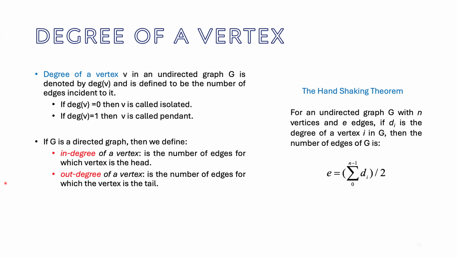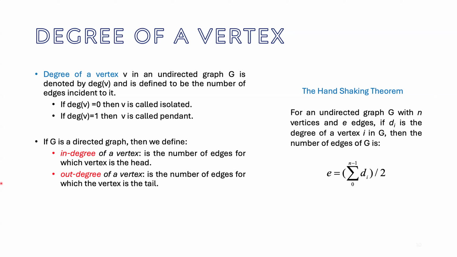Now, one big theorem in graph theory is the handshaking theorem that you can see over here, which reads as follows. For an undirected graph G with n vertices and e edges, if di is the degree of vertex i in G, then the number of edges in G is given by this formula.